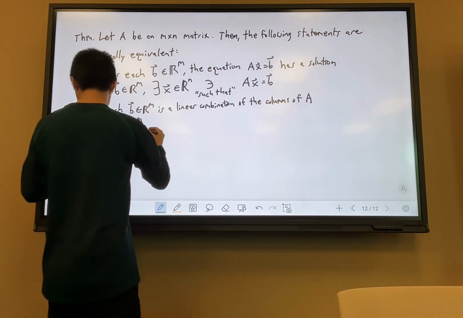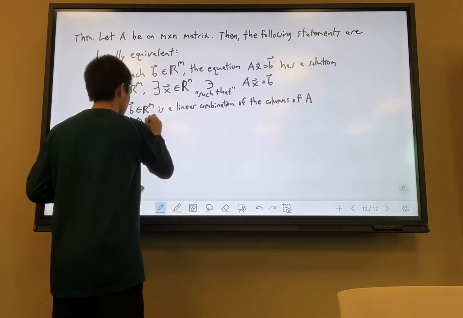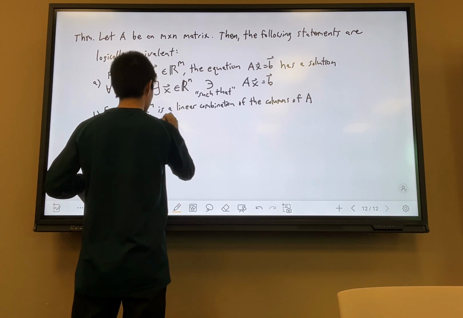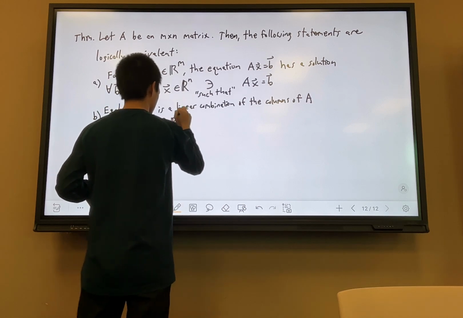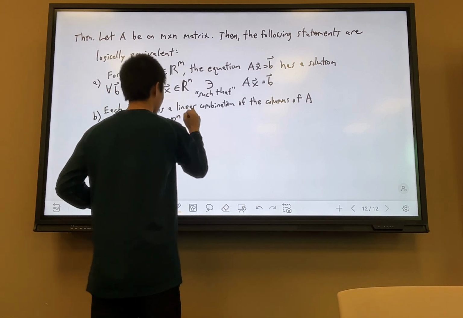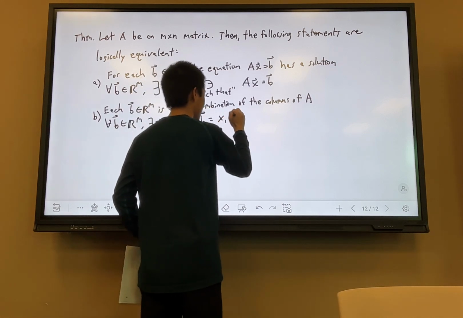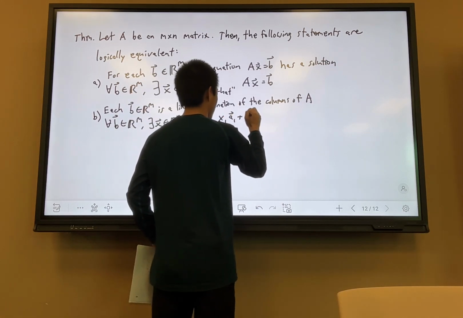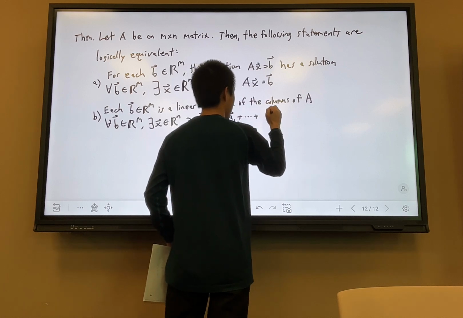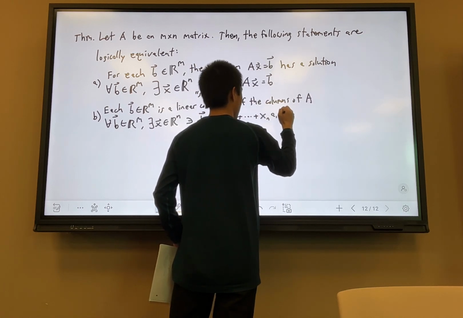So I could say there exists my solution x in Rn such that I could just write b as that linear combination, x1a1 plus through xnan.